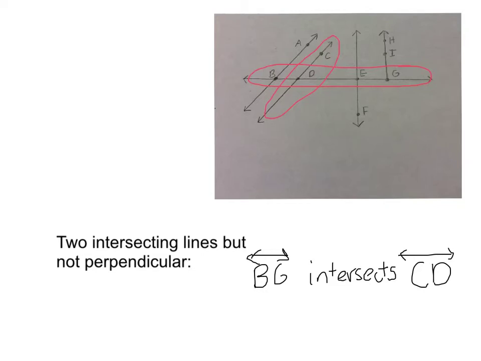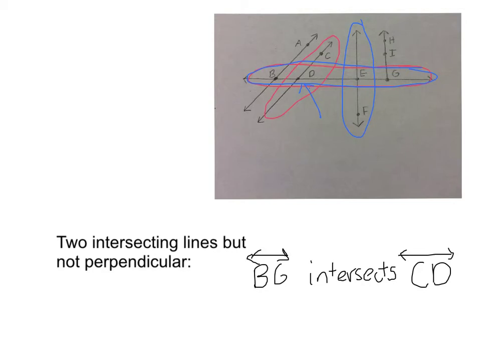Notice that if you were to look at this angle right here, I'm not seeing any right angles. However, if our paper did want us to be a little bit more specific and make it a perpendicular line, we would have some options. One option we could do is we could focus on this BG again and have it perpendicular lines with FE.